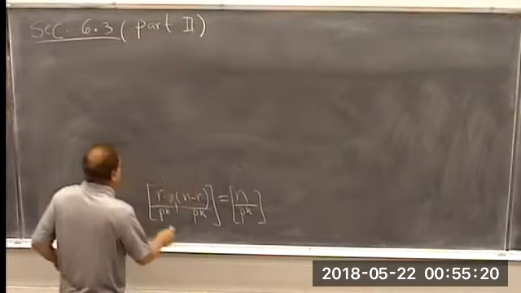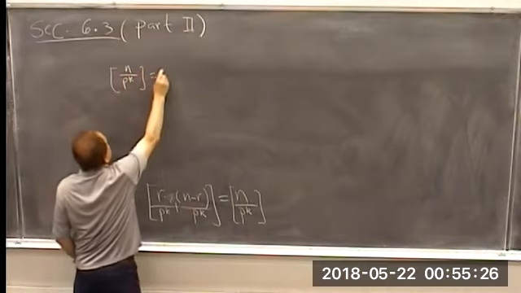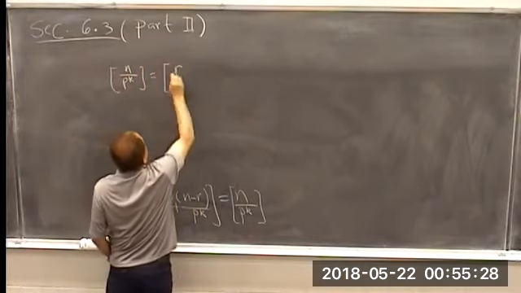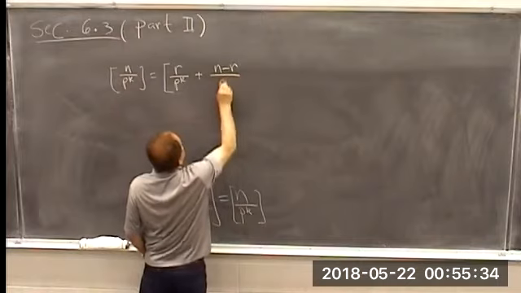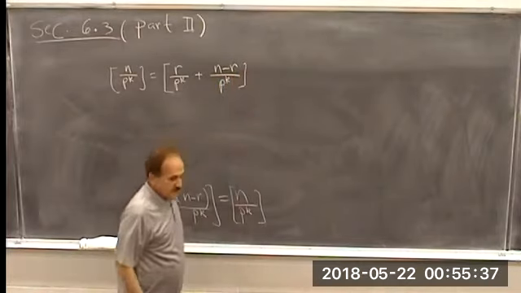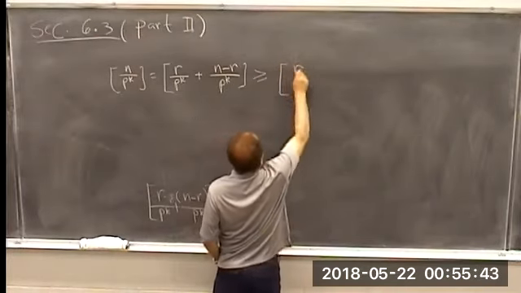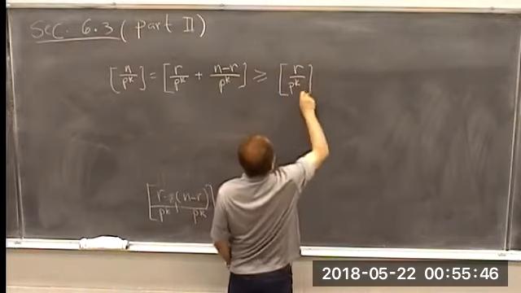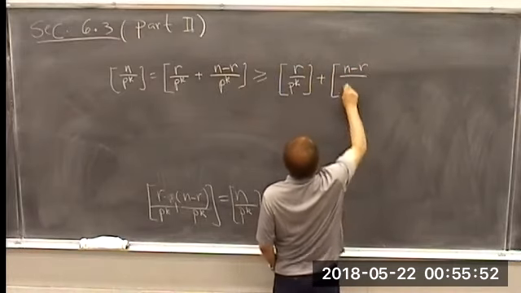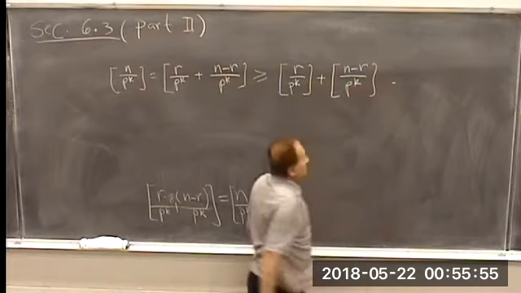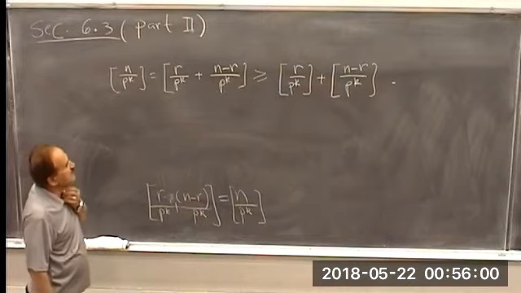So we have n over p to the k, which is equal, again, to r over p to the k plus n minus r over p to the k. And this one is bigger than or equal to, separating these into two brackets, this one and this one. Again, this follows by properties of the greatest integer function. Okay, x plus y, remember? So we have this. All right.